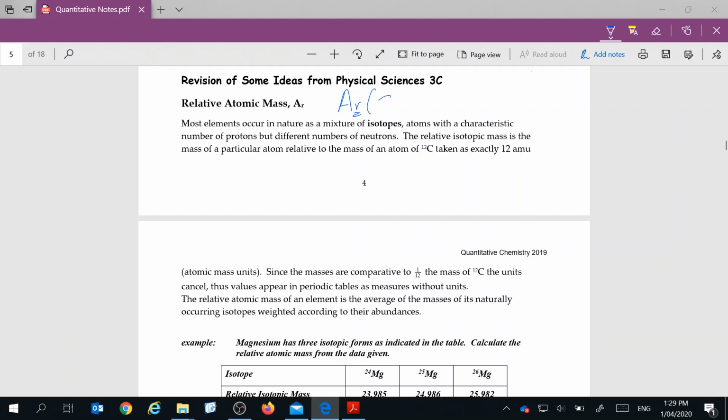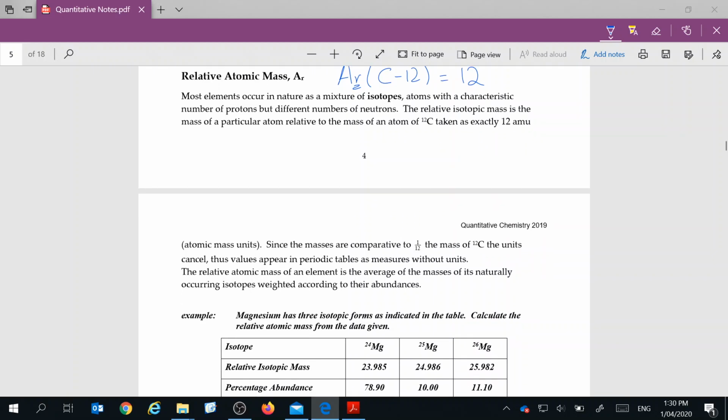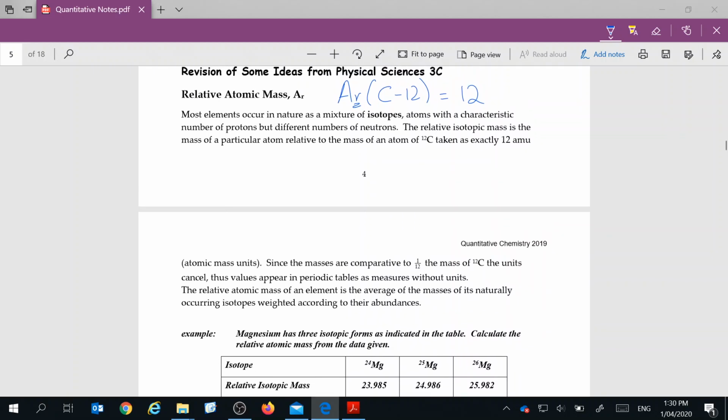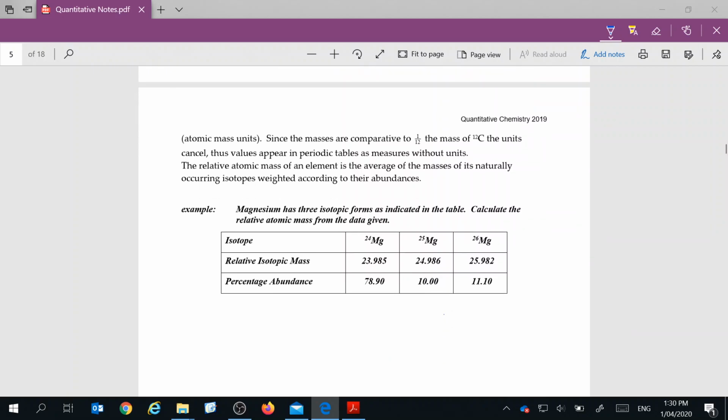So the relative atomic mass of carbon-12 is exactly 12 atomic mass units, so I don't need to give units. Everything else is comparative to the mass of carbon-12. That's how originally the masses of things were decided historically. Okay, so the R basically means no units.